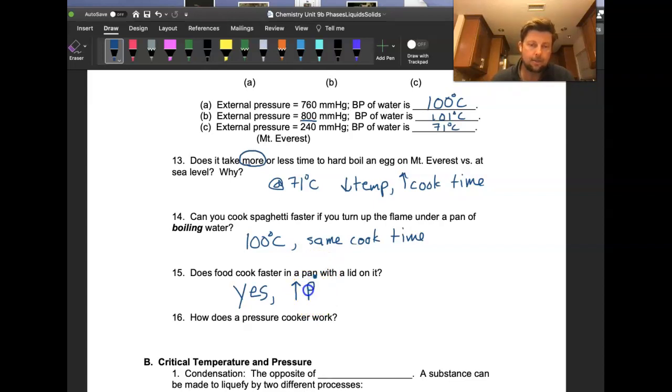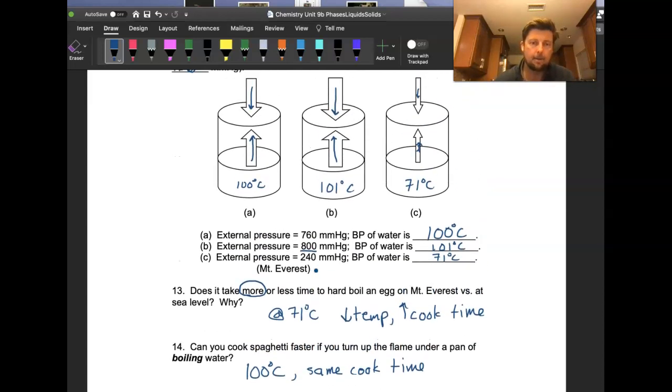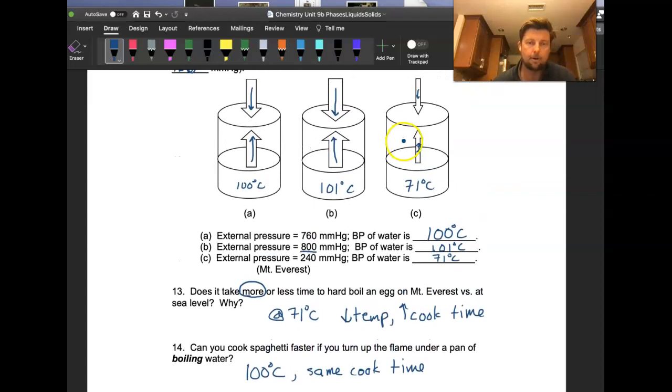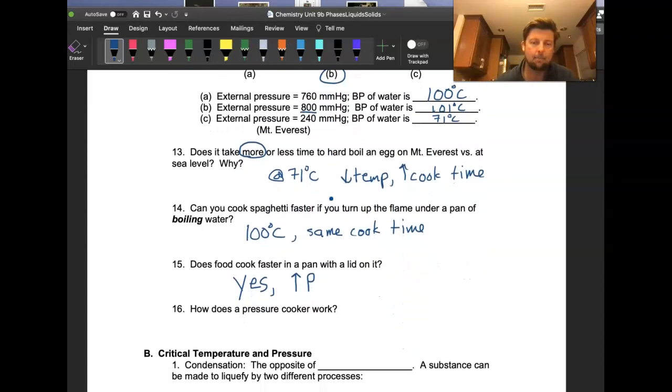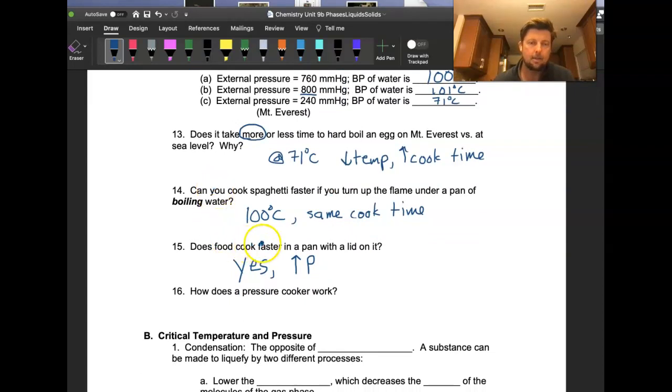So a higher pressure, just like when we look up here in the Death Valley or Part B scenario, if I have a higher pressure, that means it's going to boil at a higher temperature. So I will get a slight increase in my boiling point. So that means it'll be hotter, and stuff will cook faster.